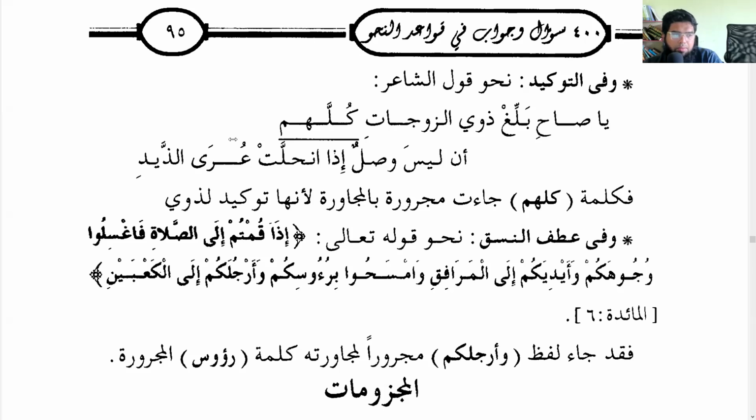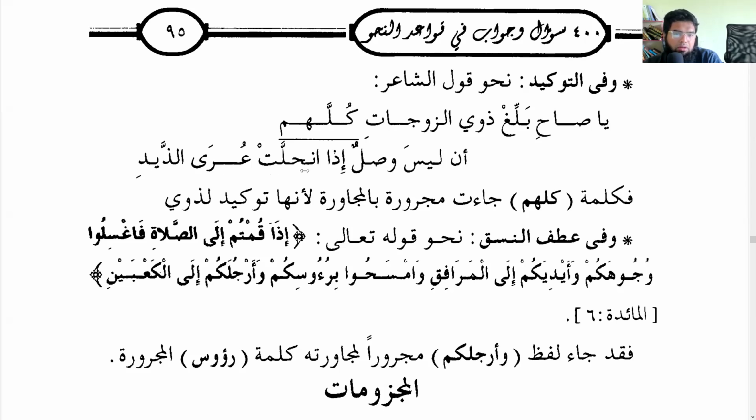This is a wrong example, I believe, because this is mafulun bihi. That's why it's كلهم. So I don't know why he gave this example. Anyways, أن ليس وصل, there's no clear bond. إذا انحلت, انحل is to break apart, or unravel. عرى اللذيذ. عرى bonds or pleasures.